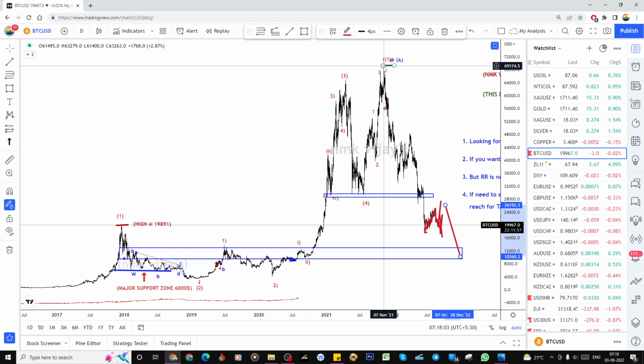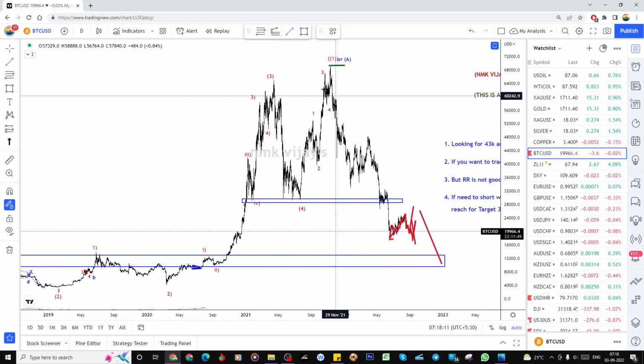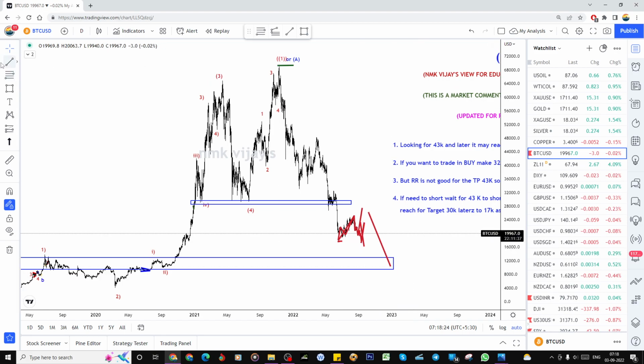So either this is a W X Y X Z, I'm looking for this. Otherwise sometimes if we keep this as 1 2 3 4 5 also, in that format of 1 2 3 4 5, the W X Y X Z. So anyway I'm looking for that target of the 10,000 range, and later onwards I'm looking for the bounce.